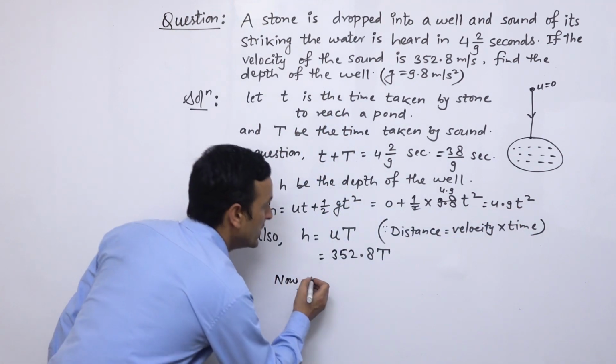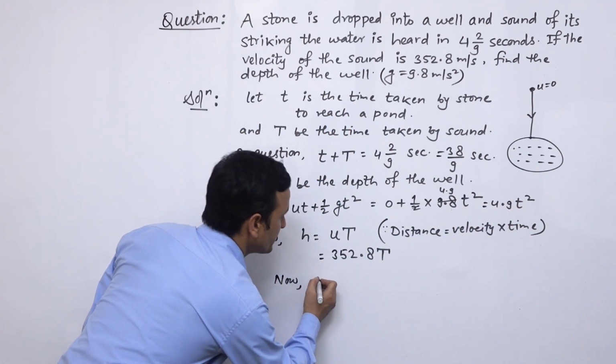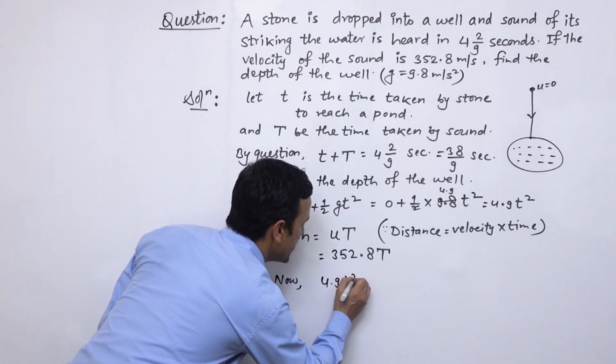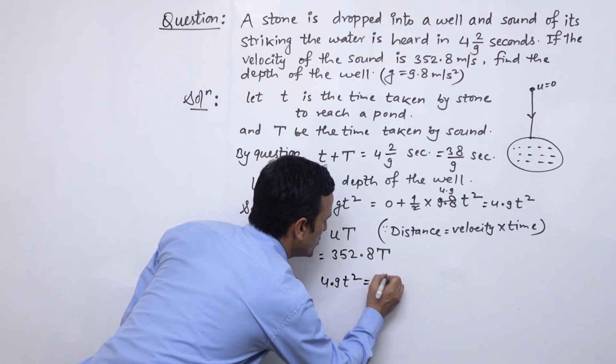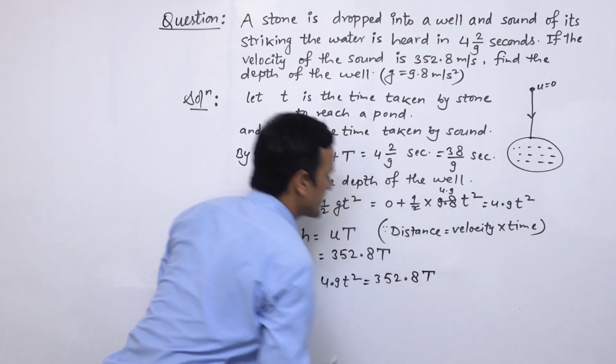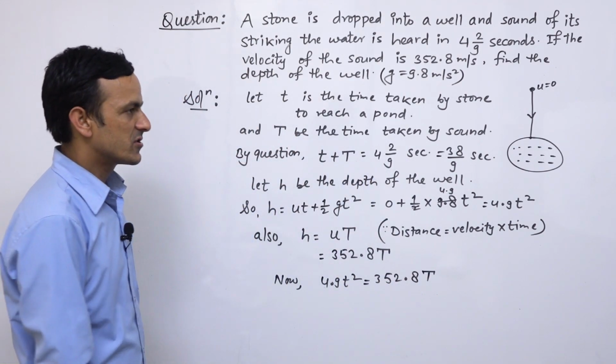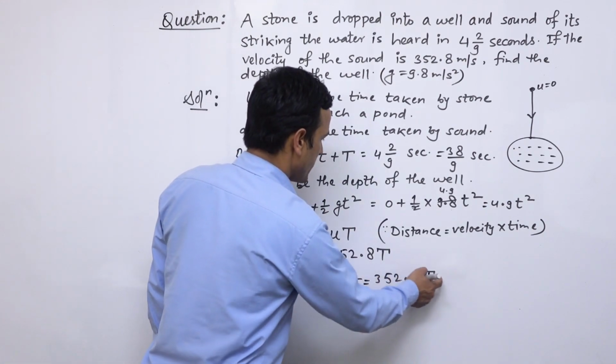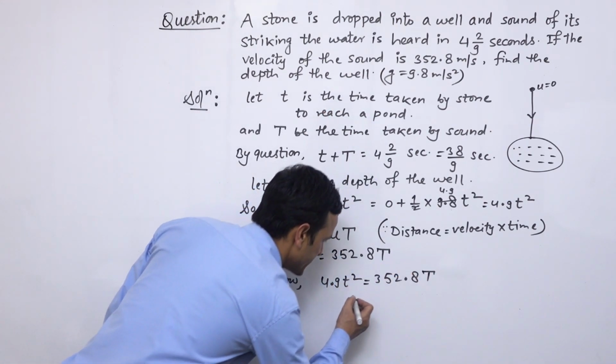So write down H is equal to 4.9 t square is equal to 352.8 times capital T. Now we can find out the value of capital T from here.